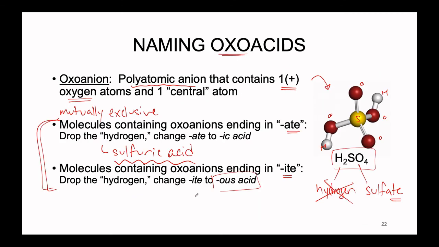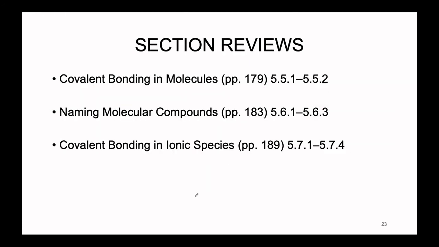All right. So with that, now that we have covered naming molecules, things that contain polyatomic ions, and things that have acidic properties to them, we're going to call it a day. So here we have some example problems for covalent bonding present in molecules. So this is how we describe covalent bonds. Naming molecular compounds.